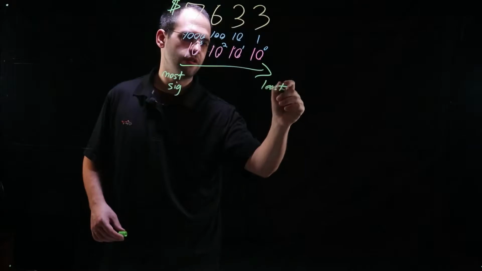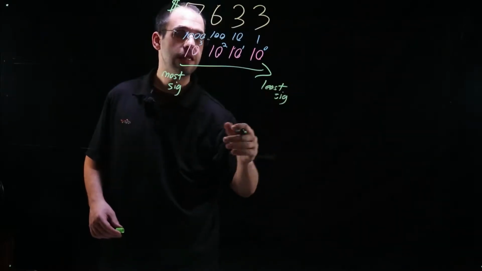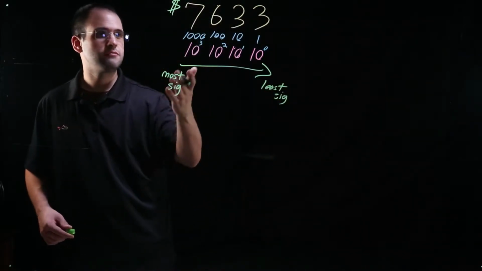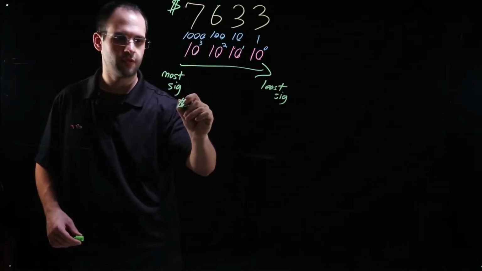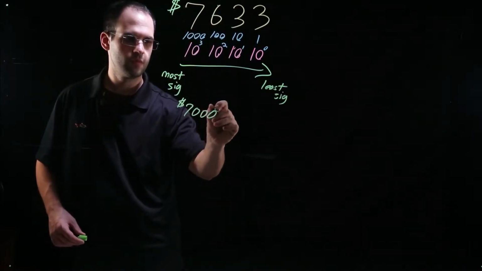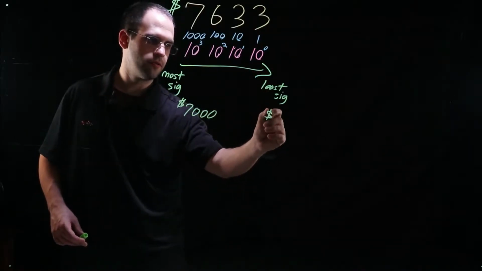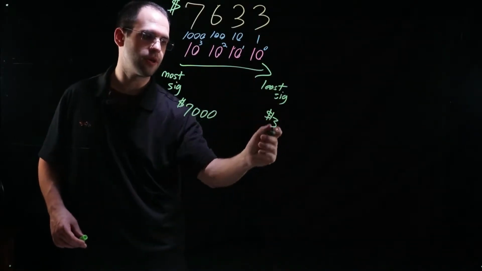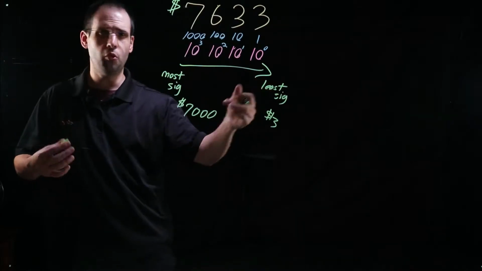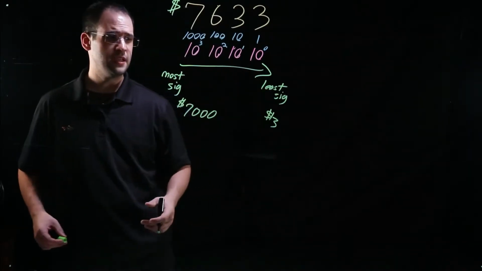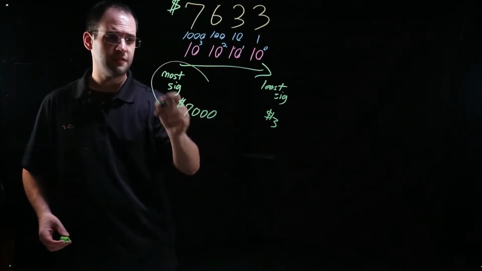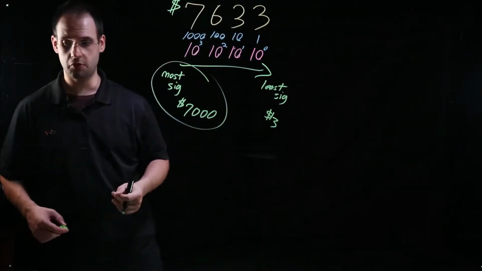They're least significant in the way that we can just look at the number. If you had $7,000 or $3, which is worth more? Would you rather have $7,000 or $3? I'm going to take the $7,000 every time.